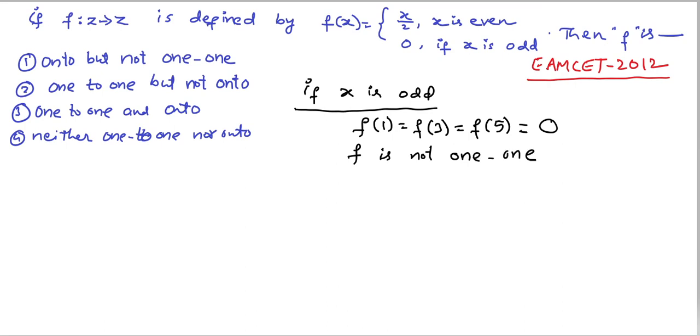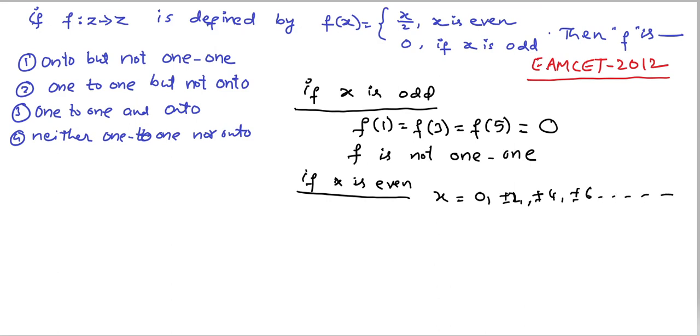Now if x is even, where x is equal to 0, plus or minus 2, plus or minus 4, plus or minus 6 and so on, the value of x by 2 is 0 by 2, plus or minus 2 by 2, plus or minus 4 by 2, plus or minus 6 by 2, that is 0, plus or minus 1, plus or minus 2, plus or minus 3 and so on.